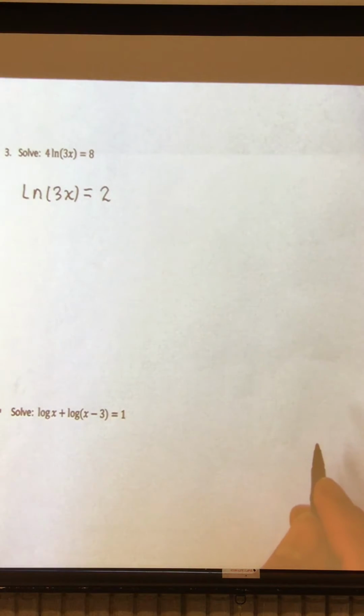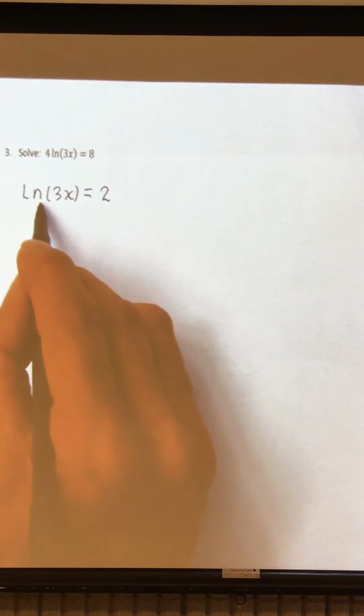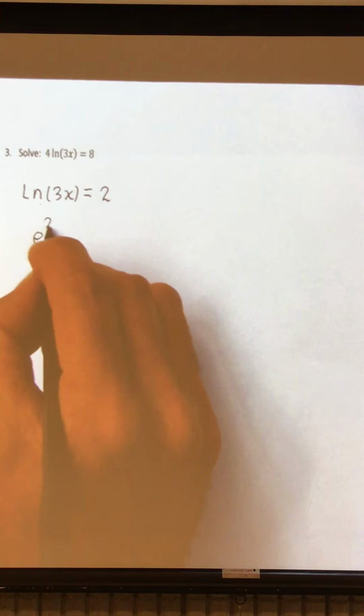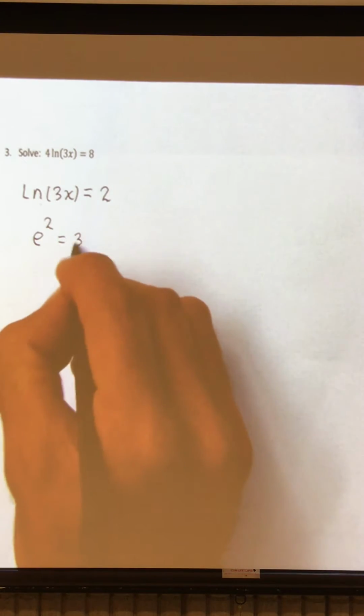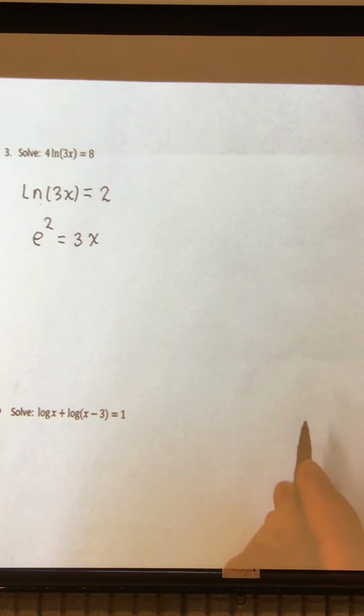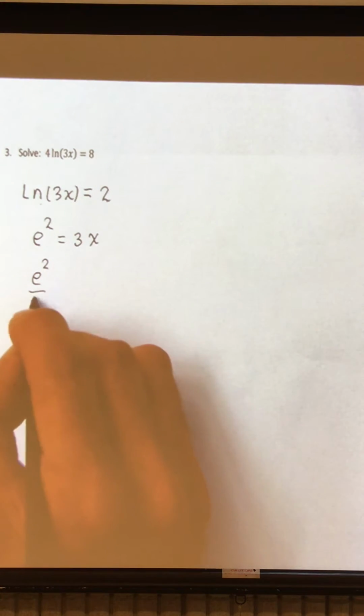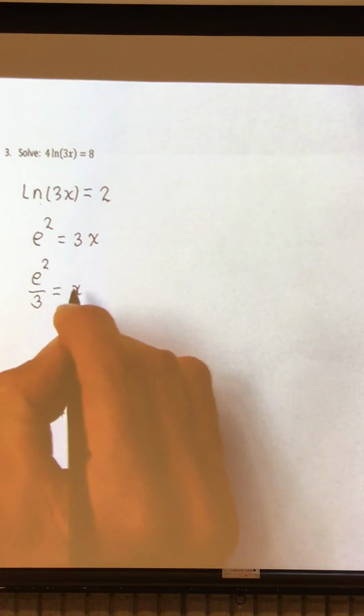And now we have the logarithm isolated. We'll convert to exponential form. The base of the natural log is e raised to the power 2 is equal to 3x. And then finally, isolating the x gives us e squared over 3 to be the value of x.